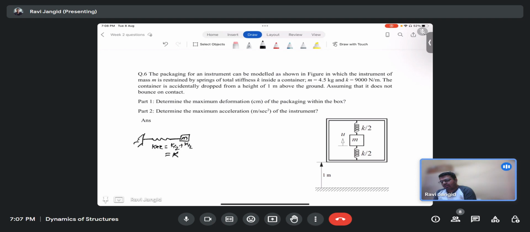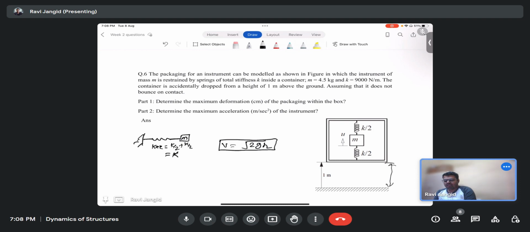when I'm dropping this one, there are two things. One is that my initial velocity is developed due to height h, and there is an initial displacement due to the weight of the mass.